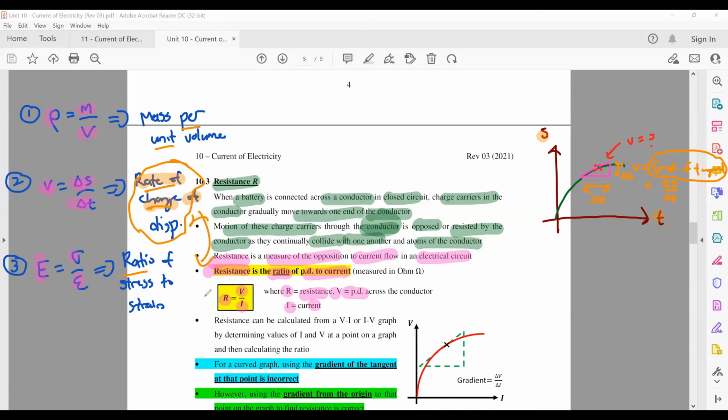But now when it comes to resistance, resistance specifically is defined as a ratio. It is not defined as rate of change of PD to current.